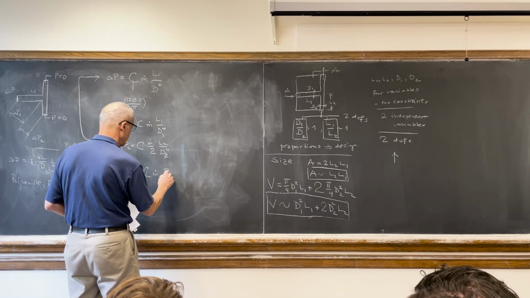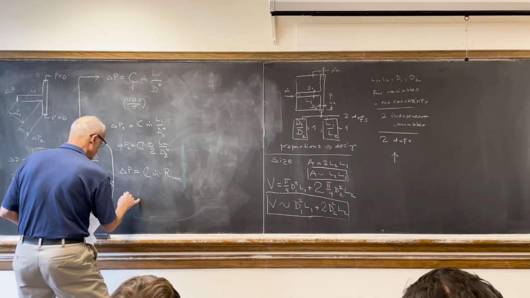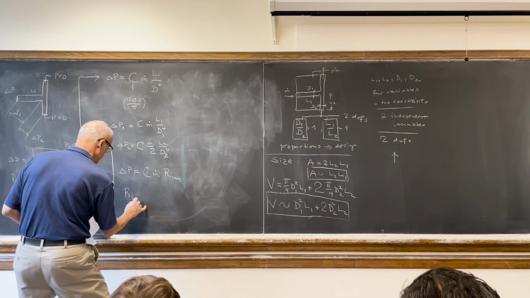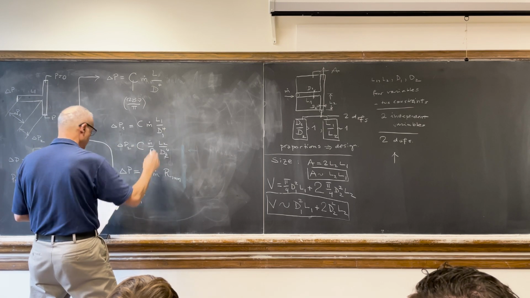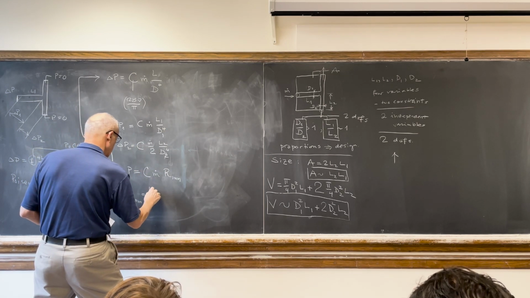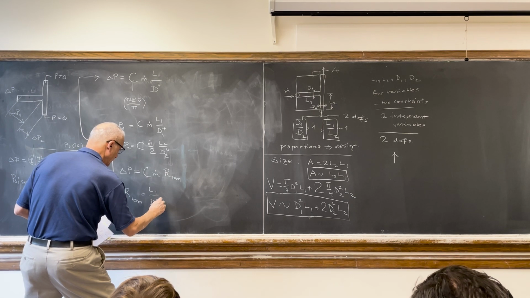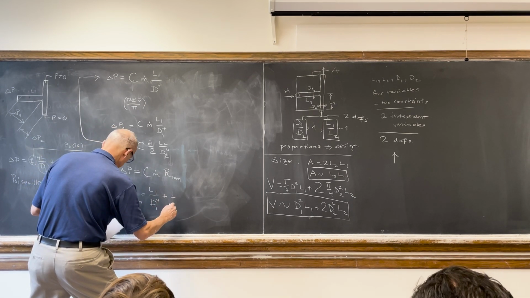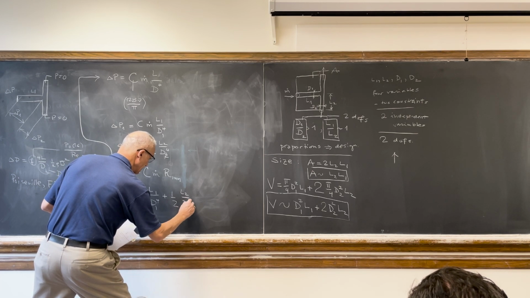I call it capital R laminar, which has this formula. It comes from these terms here. It has the L1 over D1 to the 4th plus 1 over 2, L2 over D2 to the 4th.